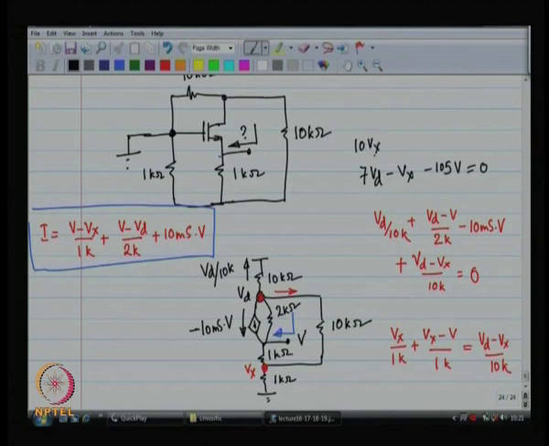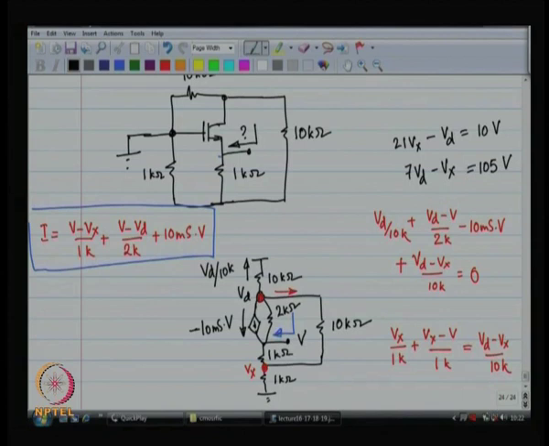So, 10 times Vx plus again 10 times Vx minus 10 times V is equal to Vd minus Vx. So, these are my two simultaneous equations.